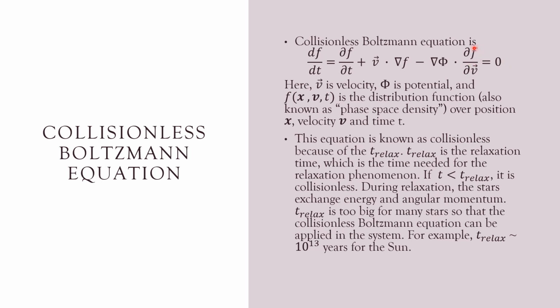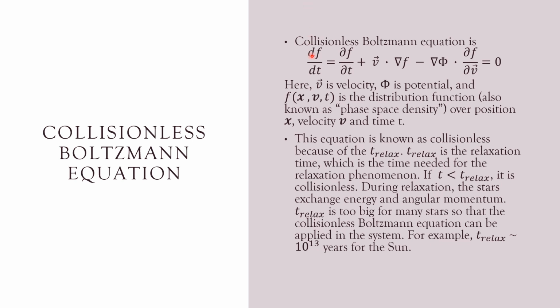Here, f represents the distribution function, also known as phase space density, which is a function of position vector x, velocity vector v, and time t. Here, phi denotes the gravitational potential.